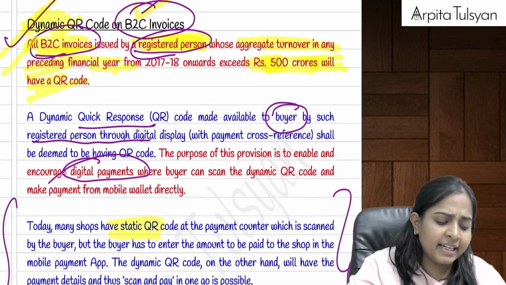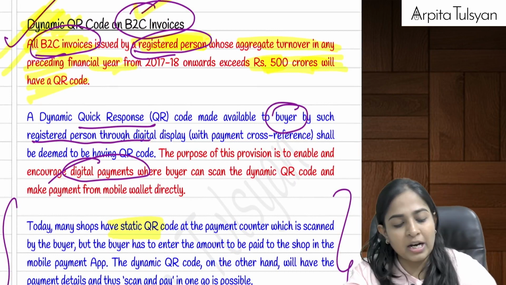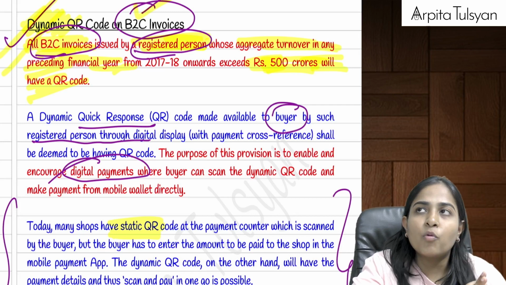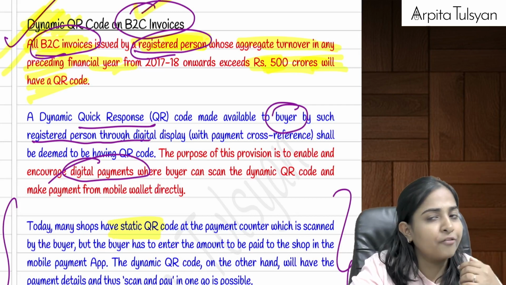Right? And then going on to the last concept, which was talking about dynamic QR code. This is totally different from e-invoicing.